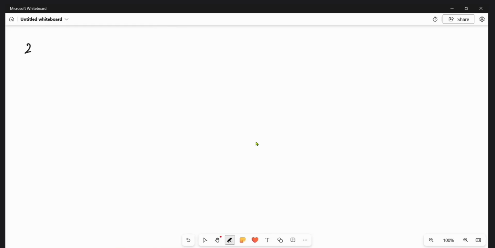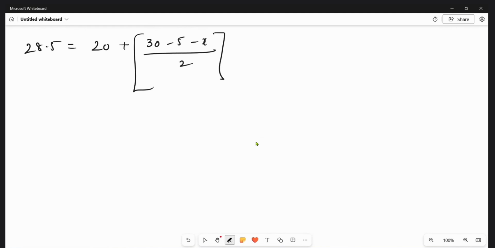So we got 28.5 is equal to 20 plus, what is this? Tell me. Okay, 30. 30 minus 5, no? 30 minus 5 minus x by 2. Now this 20 I can shift here. 28.5 minus 20 will be 8.5. So that is equal to 30 minus 5, 25 minus x by 2.